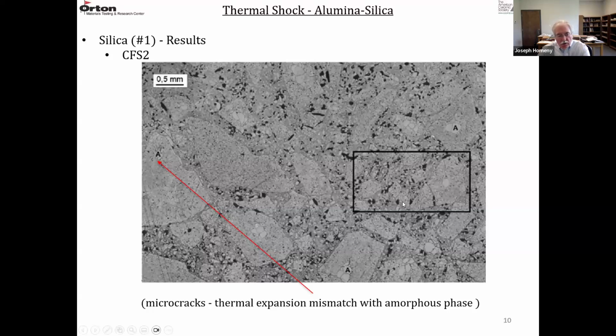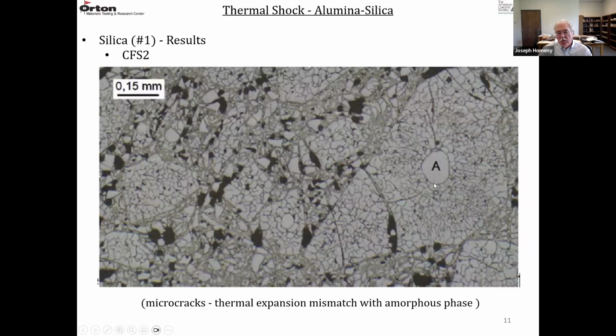And then if you look at higher magnification, here's an amorphous particle, and you can see microcracks forming around those particles. So now there's a thermal expansion mismatch, and the material is microcracked. So the investigators here deliberately crystallized the amorphous silica bricks to create a microcrack structure.